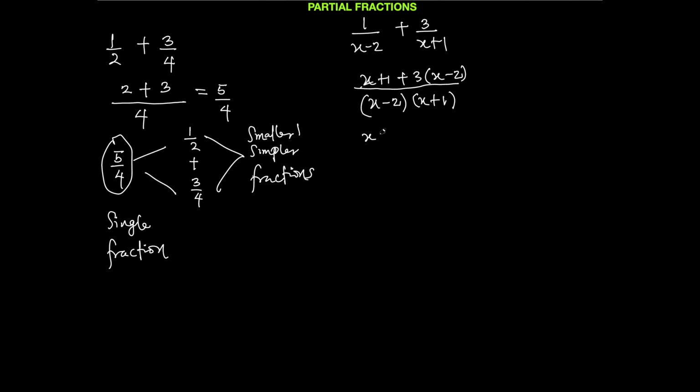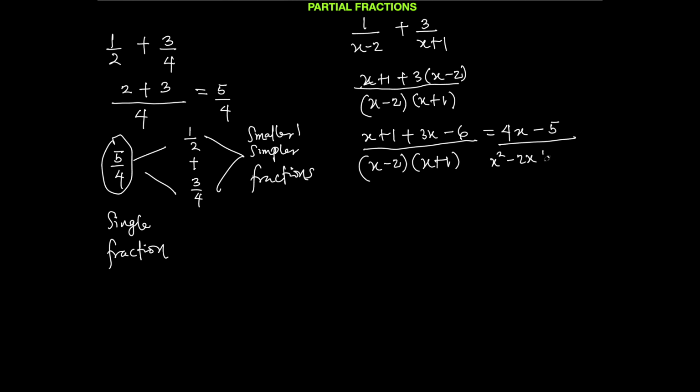So we have x plus 1 plus 3x minus 6 over (x minus 2)(x plus 1). Now this further simplifies to 4x minus 5 over, when you expand this, x squared minus 2x plus x minus 2. Now everything results in 4x minus 5 divided by x squared minus x minus 2.